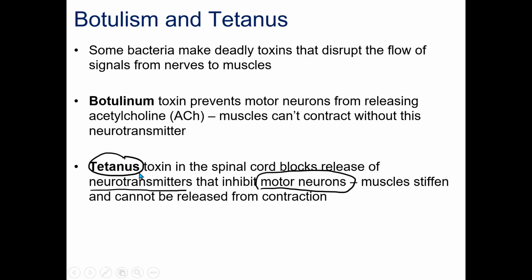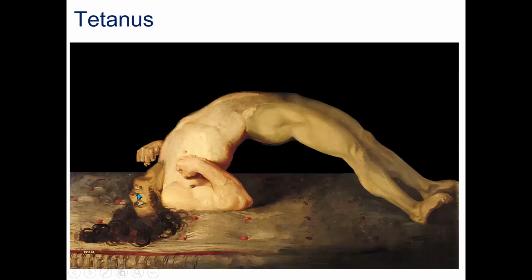Which means you will contract your muscle, but you won't be able to relax afterwards. Okay, so if someone has tetanus, then they will be locked in a particular contracted state and not be able to relax. This is perhaps the most famous picture that you can find on the internet for tetanus. This is an artist's depiction of someone suffering from tetanus during the Second World War, I believe.